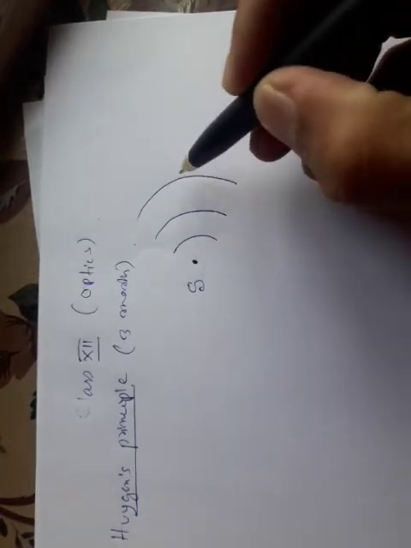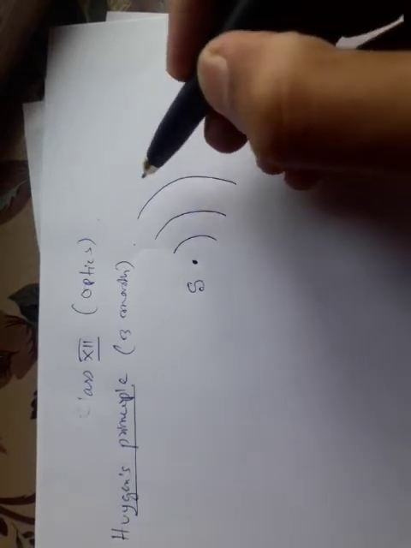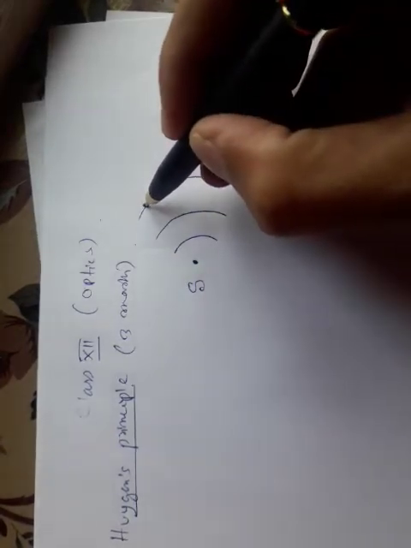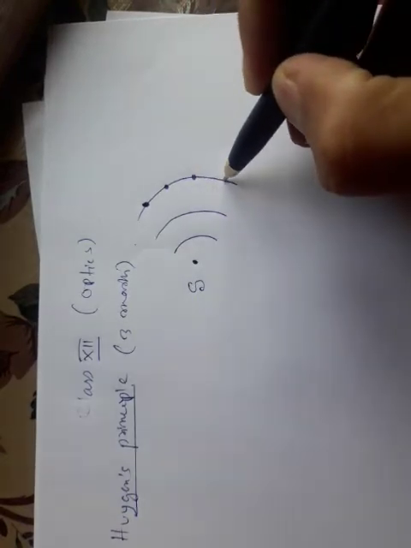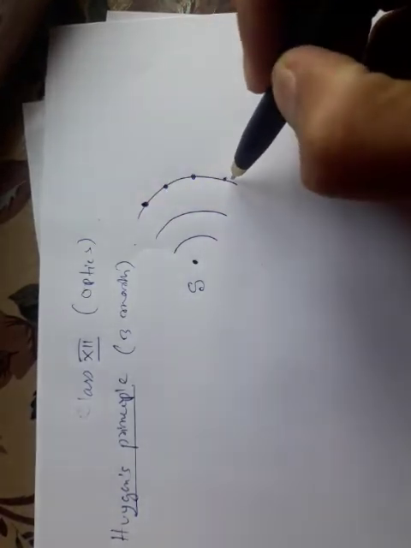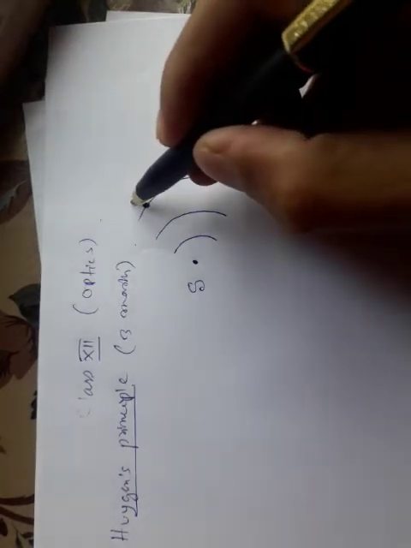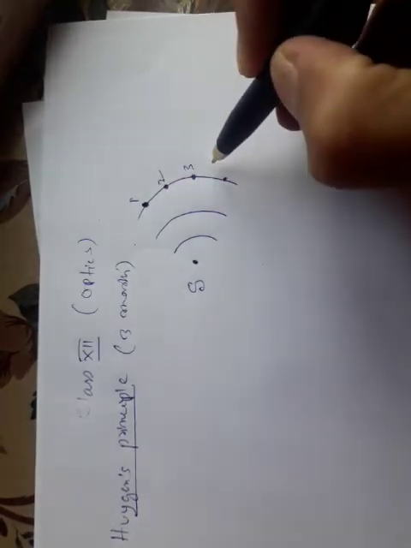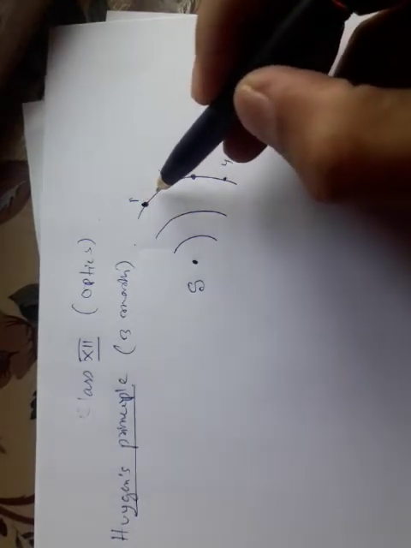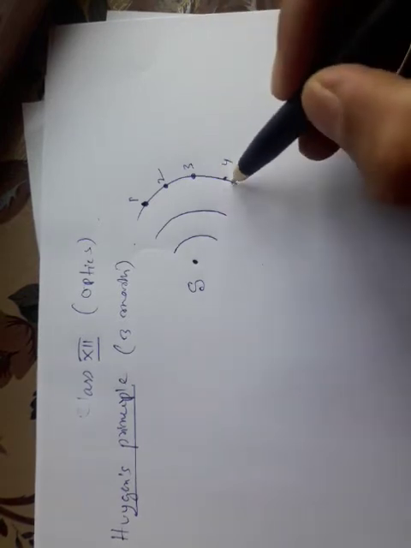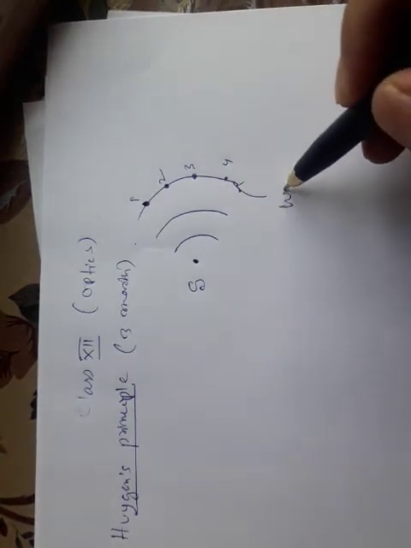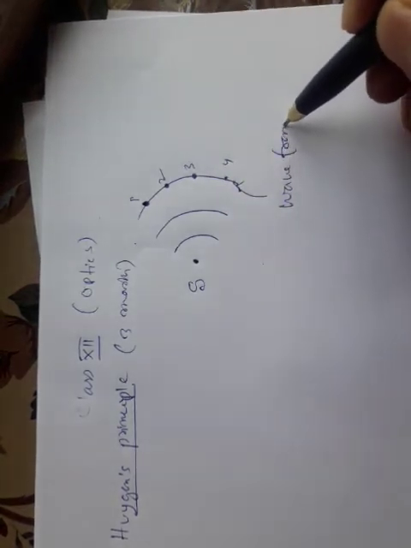Not only in this direction, in all directions. Then if you choose different points on a line, say you call it a wavefront here, then these particles like 1, 2, 3, 4 must all be lying on that line. Then this line will be called a wavefront here.